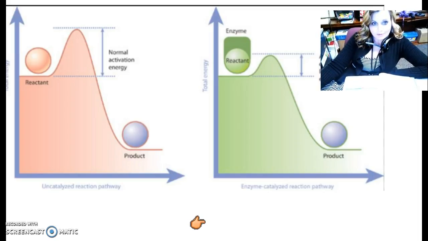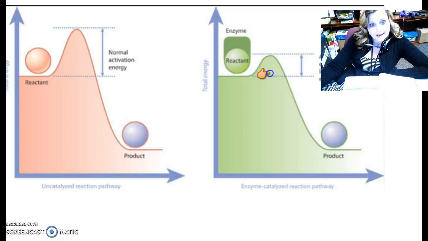But in order to be able to do those chemical reactions, it has to get the ball rolling, so to speak. This is kind of an analogy of a chemical reaction. So if the ball has to fall down the hill, which is changing from a reactant to a product, it first has to be shoved up to the top of the hill. So this distance here is considered the activation energy, and it requires energy to move that ball up the hill.